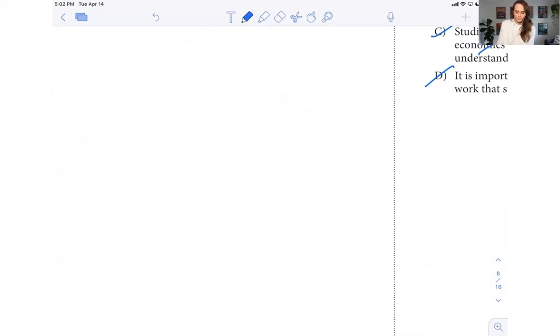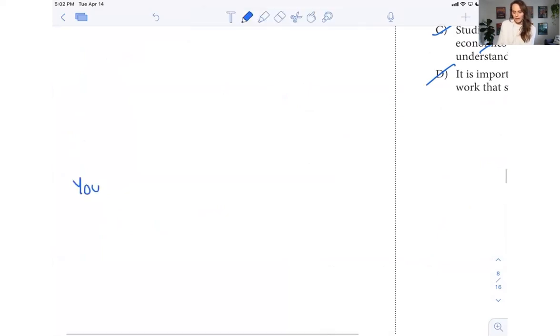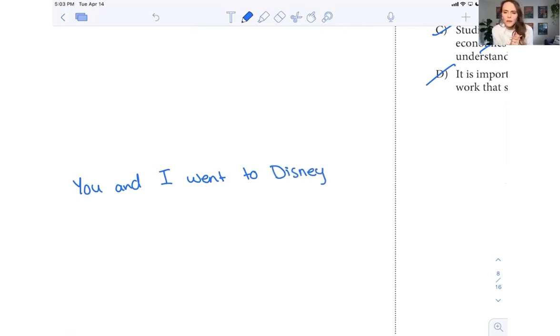So, you and I went to Disney. Would you even say that? You and I went to Disney? Someone else also asked. I'll get back to that question. So, you and I went to Disney. You could say you went to Disney, and you could say I went to Disney by itself. So that's how I would check it, and that works. So you could say you and I.